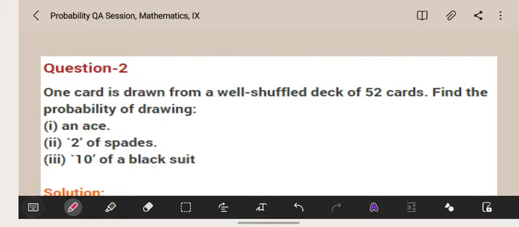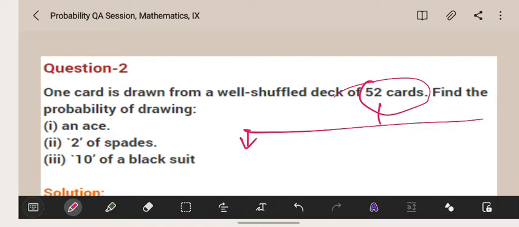The question is based on cards. So I hope you are all aware of the number of cards in a pack of cards. In a pack, the total number of cards is 52. So 52 cards are divided into 4 suits. The first suit is called club. Next is called spades.